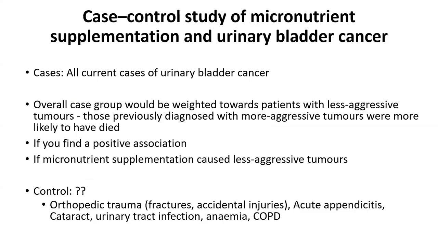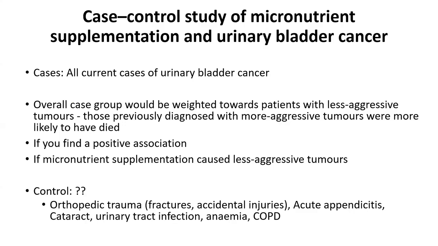So this is where you say that, okay, I'm interested in urinary bladder cancer and its association with, say, micronutrient supplementation. So if you say I'm going to take all current urinary bladder cancer cases, all which are there currently in a particular hospital, and I find a positive association between micronutrient supplementation and bladder cancer, I may erroneously say that micronutrient supplementation increases the risk of bladder cancer.